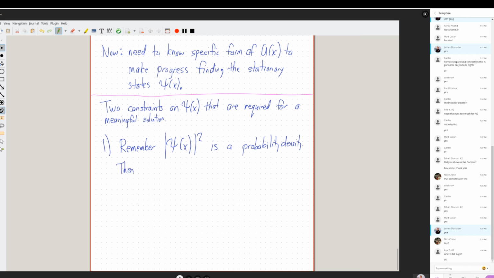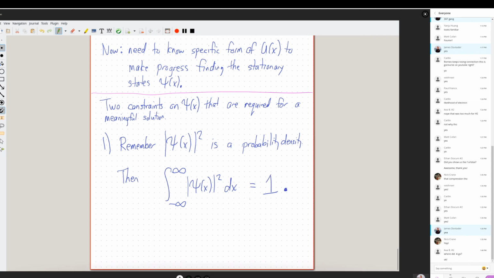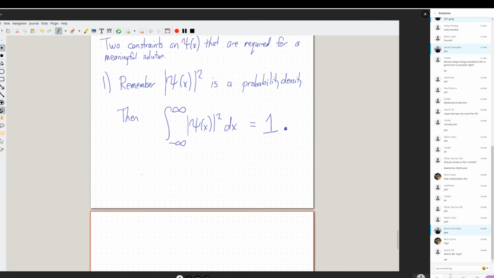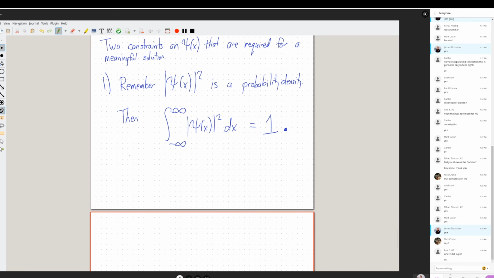Then what that means is that the integral over all space of psi of x squared dx must equal 1, because we've got to find the particle somewhere, right? If we're calculating something that tells us the probability of finding a particle in some place, it's got to be somewhere. So this is called normalization.